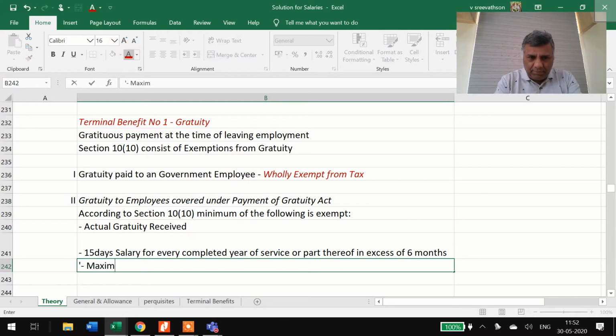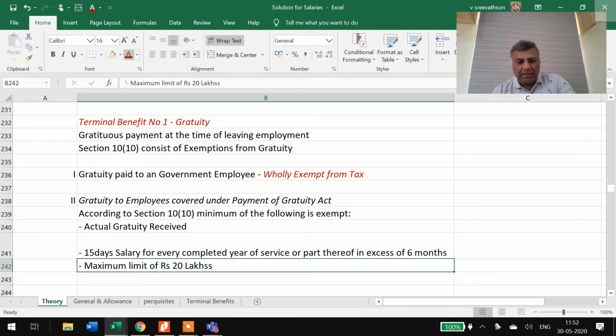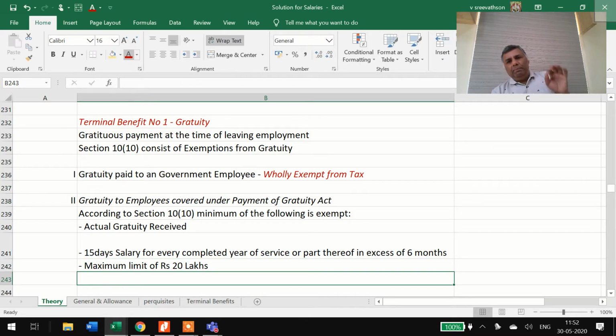Maximum limit of rupees 20 lakhs. Minimum of the following three is exempt: actual gratuity received, 15 days salary for every completed year of service or part thereof in excess of 6 months, maximum limit of rupees 20 lakhs.